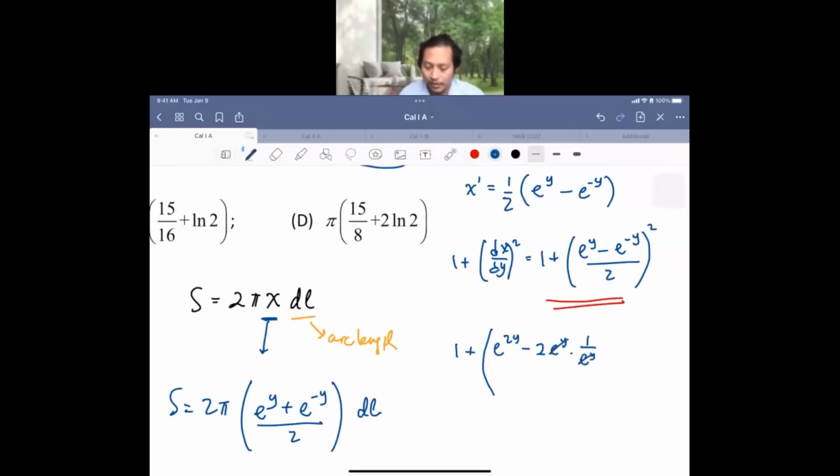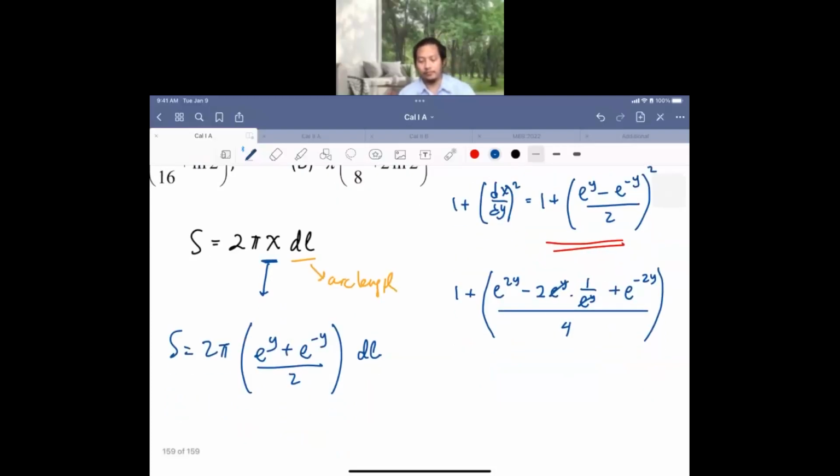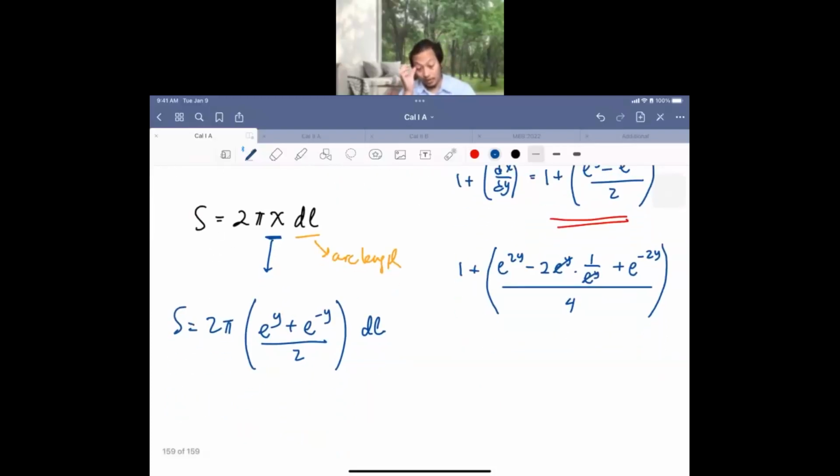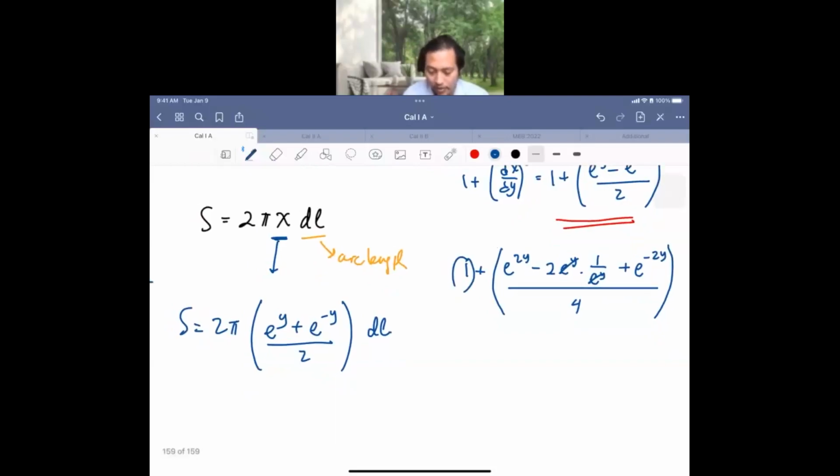And then plus e^negative 2y, and this will be over 4. Now we can include the 1 inside, and we write e^2y minus 2 plus e^negative 2y. Since this is over 4, the 1 becomes plus 4.